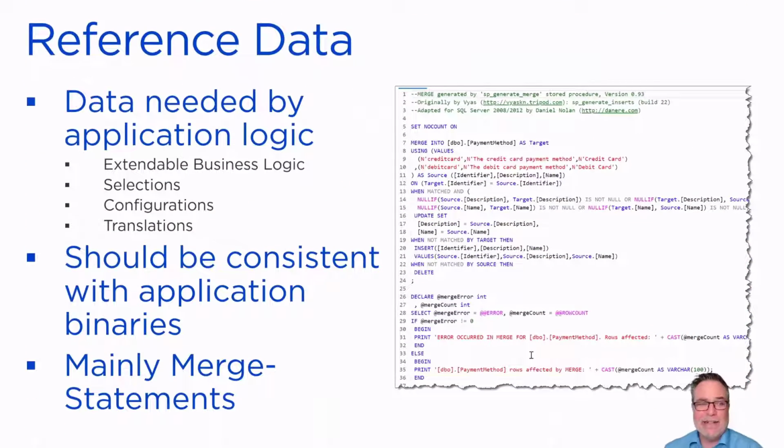Regarding the reference data, again, like fill out drop-down fields in your applications, provide values, etc. We often use those merge queries, where we just check if the value is there, if it has changed, and we update it. If not, if it needs to be deleted, etc. So usually in larger applications we need to deal with such kind of reference data.